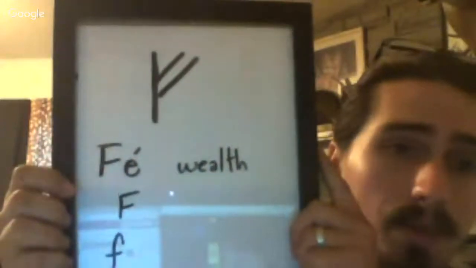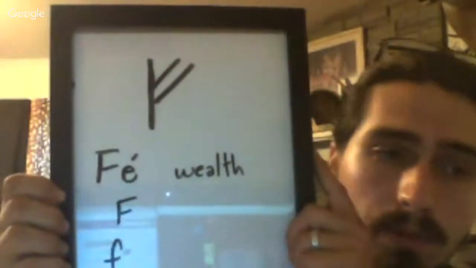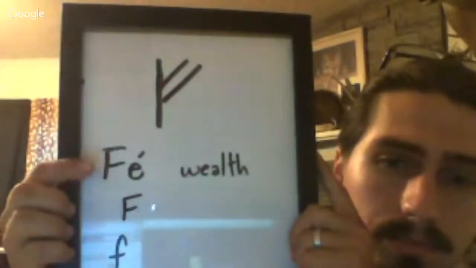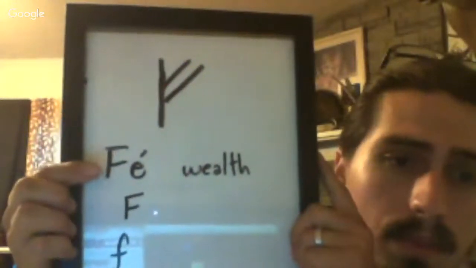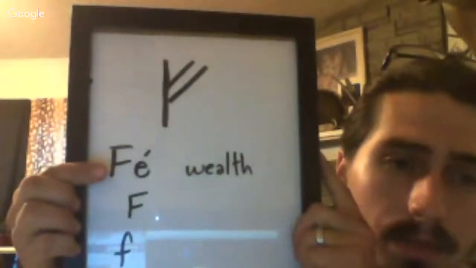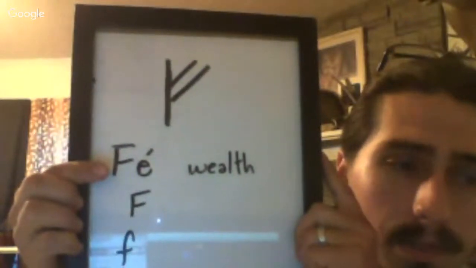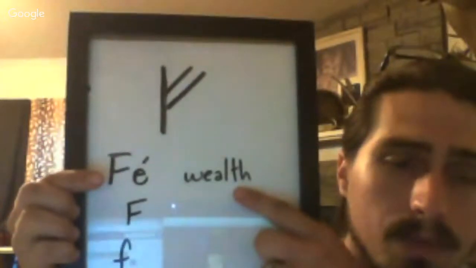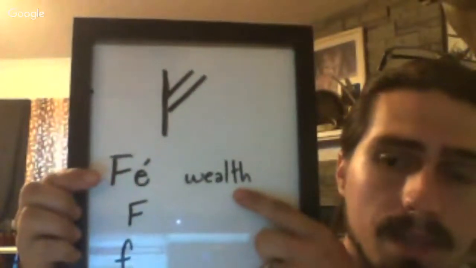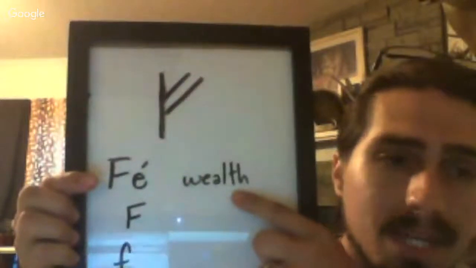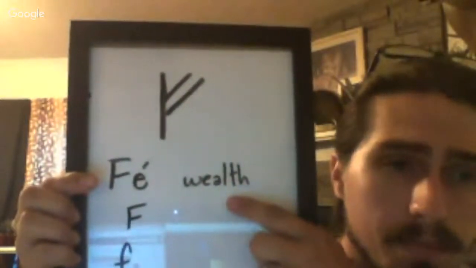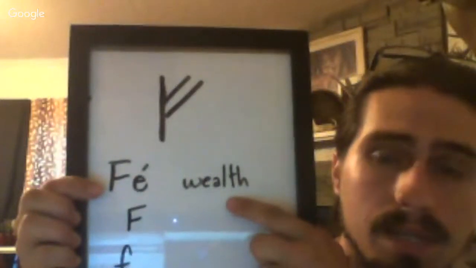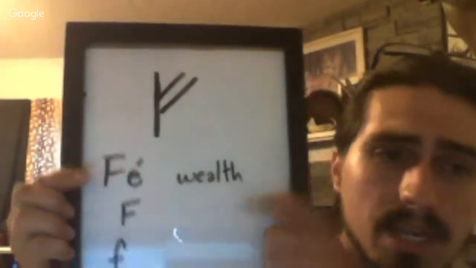And like I said, if there's only one included, then the long branch and the short branch are pretty much the same. The name of the rune in this case is Fe, which translates in English as wealth, but is often thought of in terms of cattle or sheep. It is a direct cognate with English in the word fee.